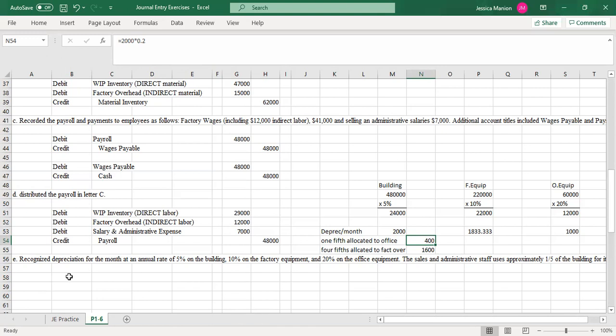All right, so let's put these down. So we're going to debit factory overhead for the depreciation on the building, the portion that we're allocating to factory overhead, 1,600. We're going to debit factory overhead for the factory equipment.